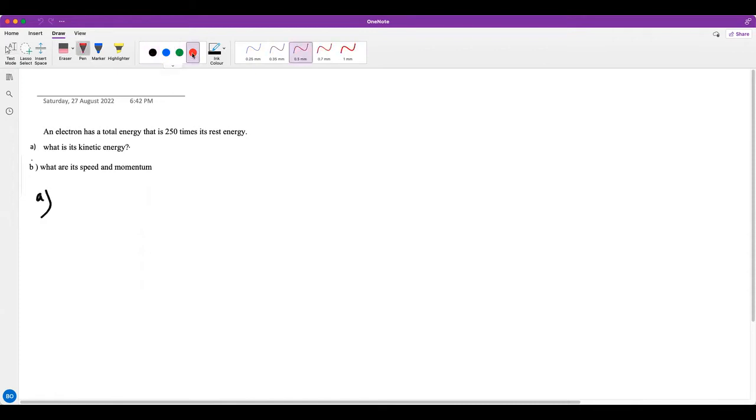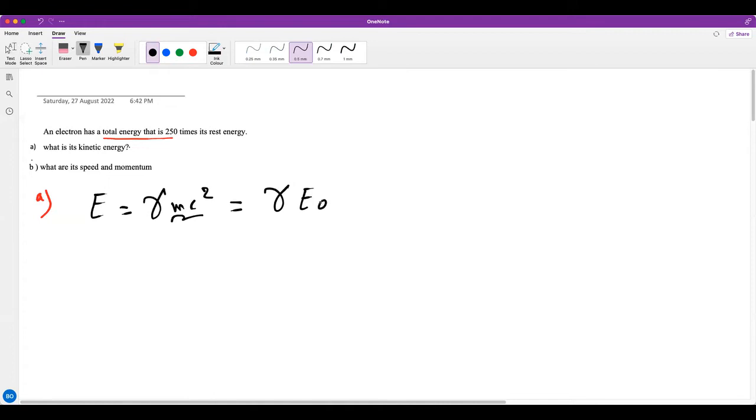Question A says the total energy is 250 times the rest energy of the electron. We know that the total energy of a particle is equal to gamma mc squared, and mc squared is its rest energy, so E equals gamma E0.